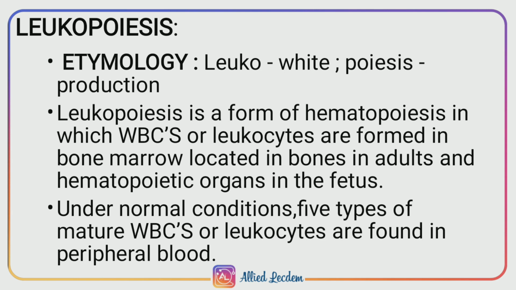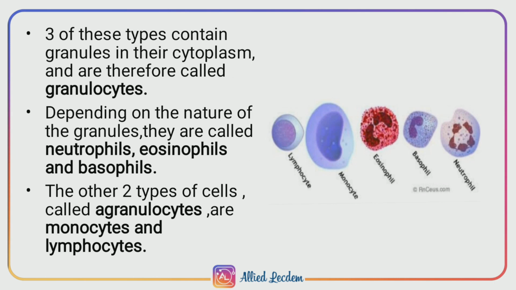Under normal conditions, that is in healthy individuals, there are 5 types of matured white blood cells or leukocytes that are found in peripheral blood. Among those 5 types of cells, 3 types are called granulocytes as they contain granules in their cytoplasm.